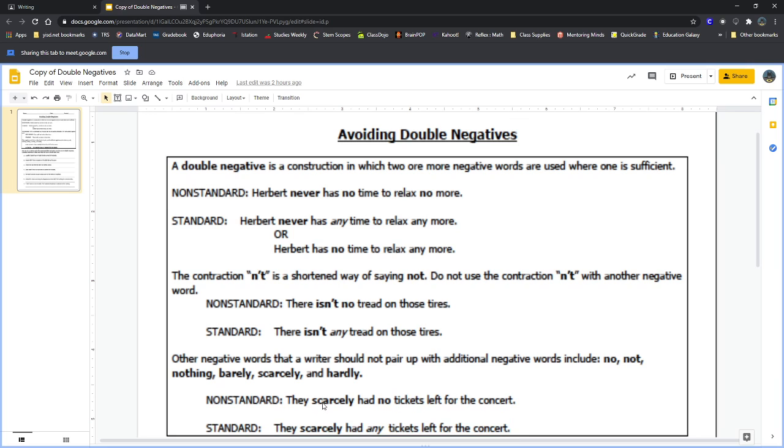Or we could change scarcely into a positive word. Instead of scarcely, we could say they had no tickets left for the concert. Or we could say they almost had no tickets left for the concert. Either way would work as well.